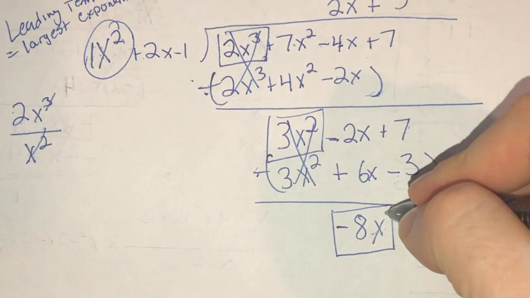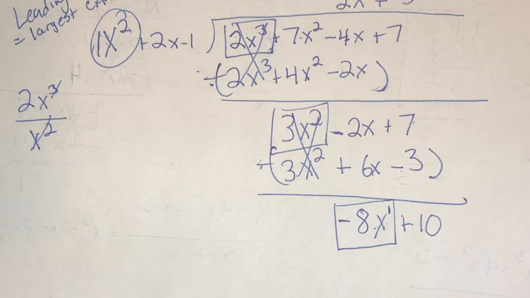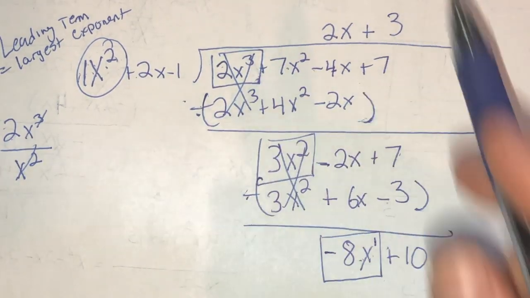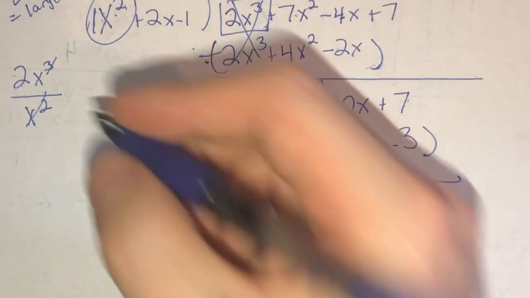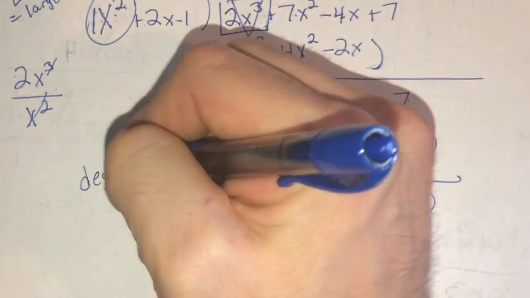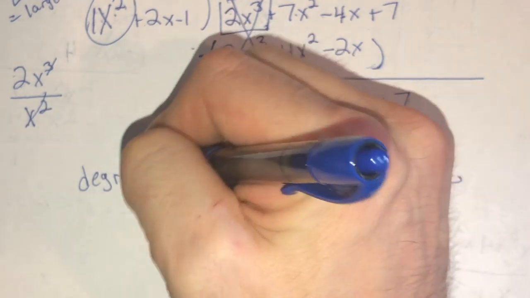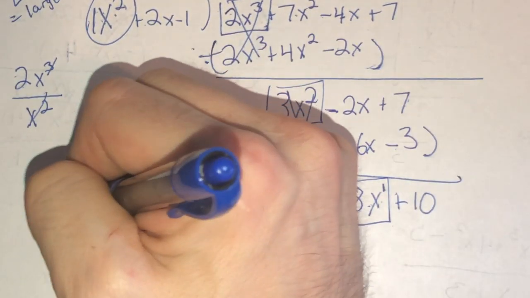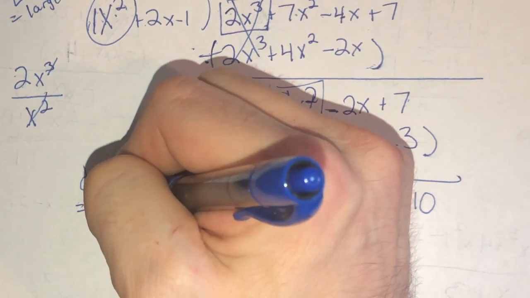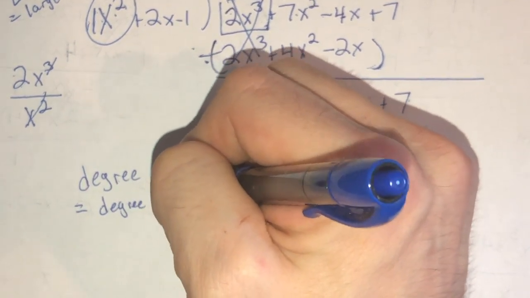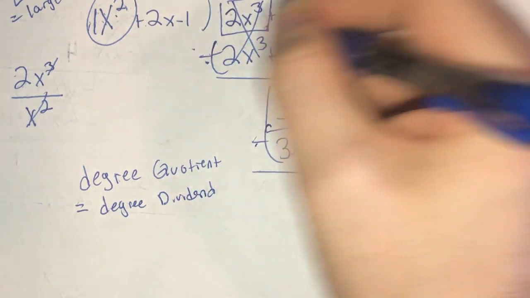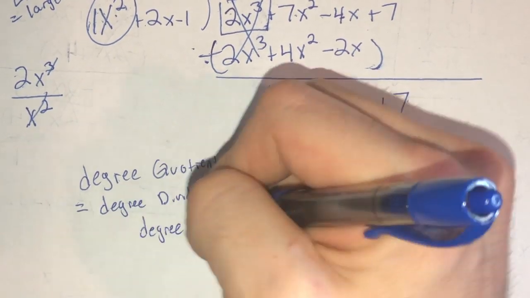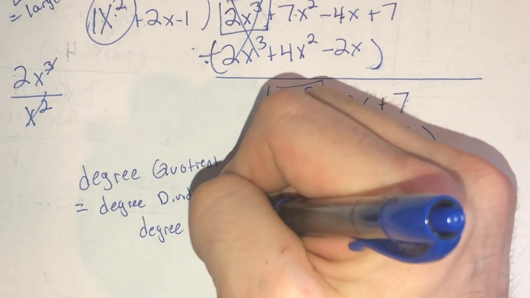And notice, here's the degree. The degree is 1. Here the degree is 2. Here the degree is 3. So the degree of the quotient is always equal to the degree of the dividend minus the degree of the divisor.